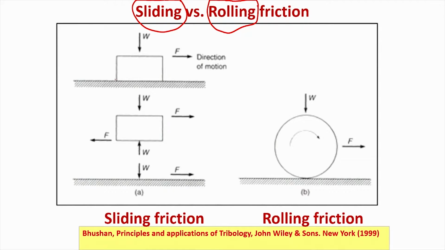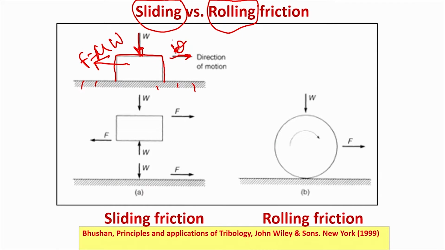So, what is sliding friction? Sliding friction is where you have one solid here against a nominally flat solid. This rectangular solid is being slid against the nominally flat surface, and once you pull it, in the direction of motion V, the frictional force, F equal to mu W, would be acting on the opposite side.